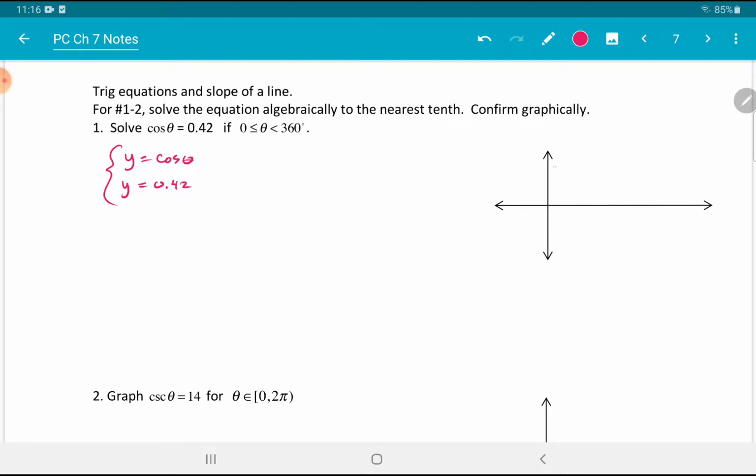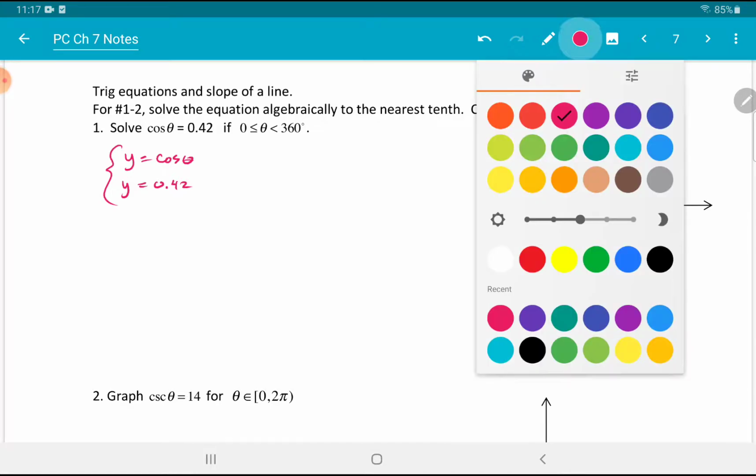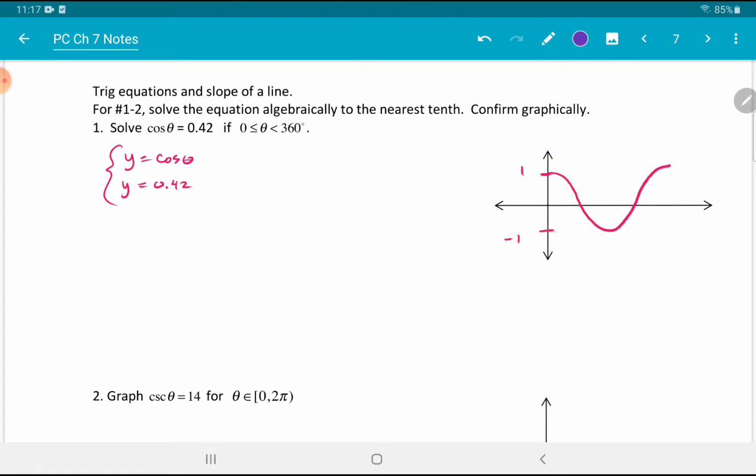Well, cosine theta looks something like this. Right, we have our basic cosine graph, something we've learned already. And the cosine graph we know has a maximum value of 1 and a minimum value of -1. Okay, there's our fundamental cosine graph. And then if we wanted to find when this intersected the value of 0.42, well, what is 0.42?